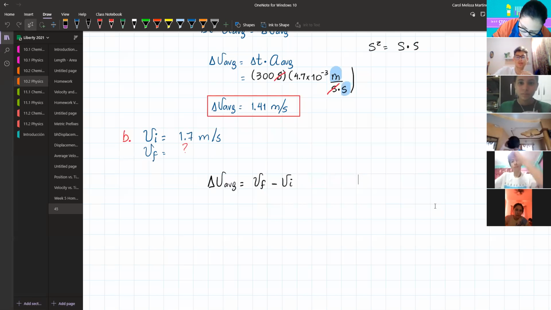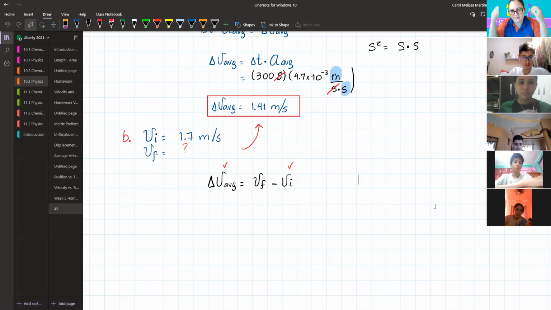You know this because you got it from the step before. You know the initial velocity because it's given in part B, and you are looking for the final velocity, which means that you need to isolate. So to isolate, I need to get rid of this initial velocity because it's bothering me.